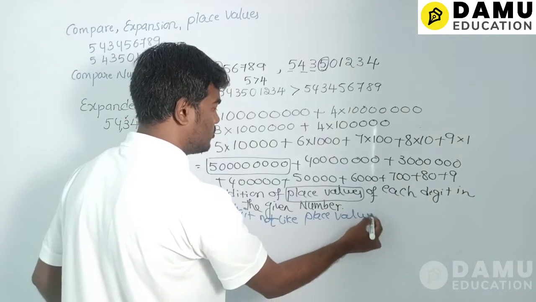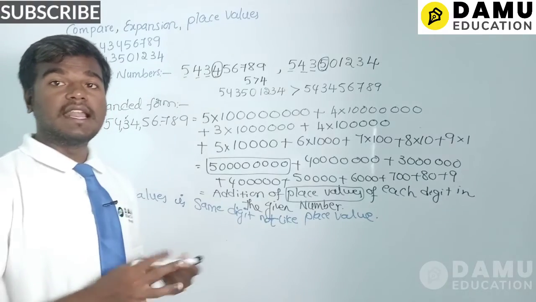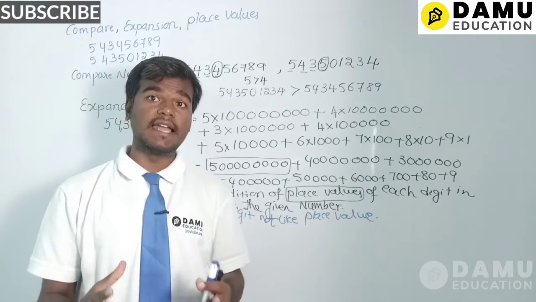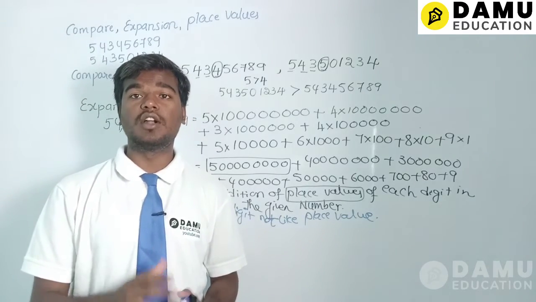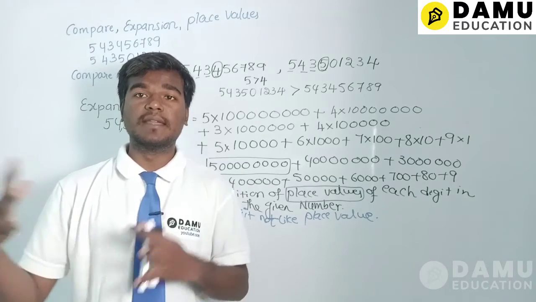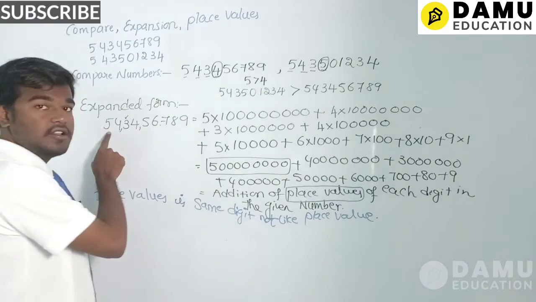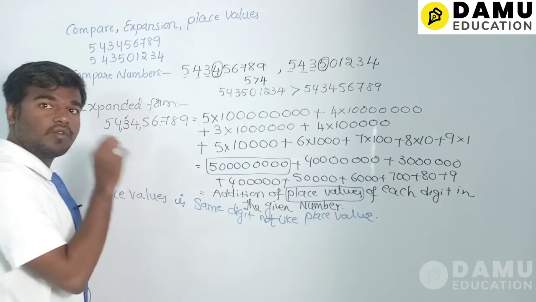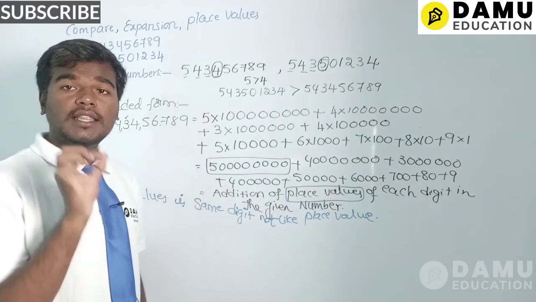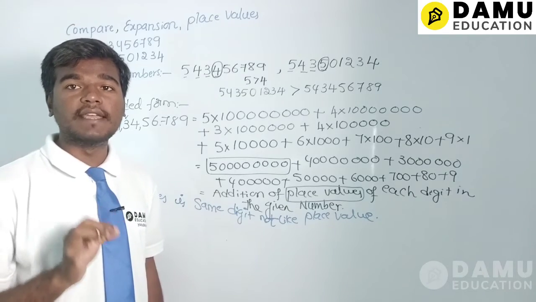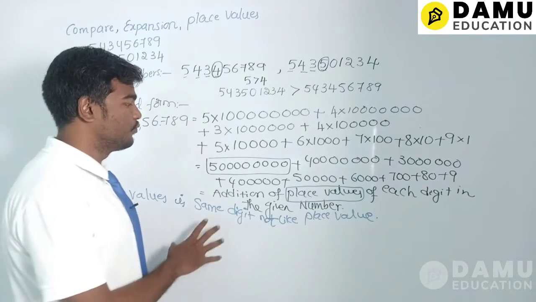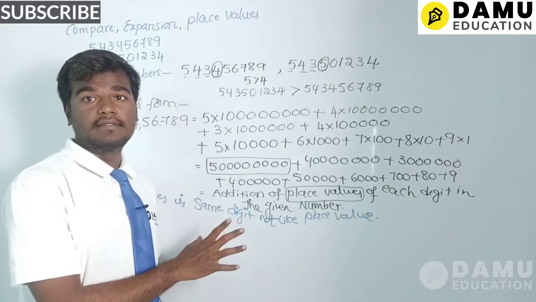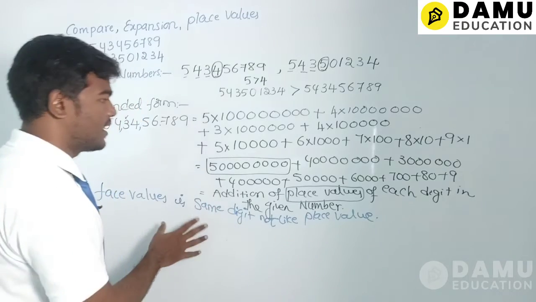For everybody, you will have one face. We cannot say this many faces are there. So the face value of 5 is 5 only. Face value of 4 is 4 only. 3 means 3 only. Whatever the digit, that digit itself is called the face value. So it is not like place values. This is the way of the expanded form.